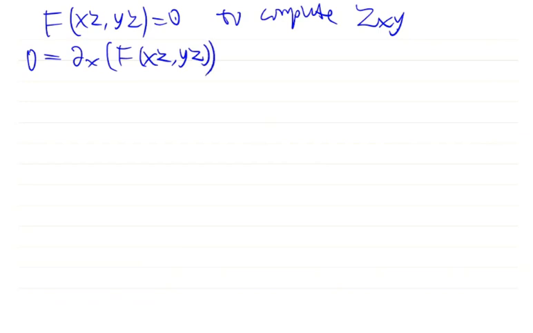Then to compute this, apply the chain rule. This will be f1, the derivative of F with respect to its first variable, then multiply the derivative of the first variable with respect to x, plus f2 times the derivative of yz with respect to x.